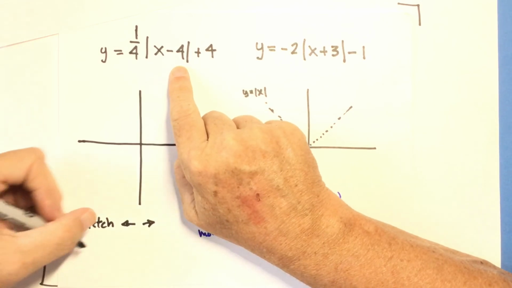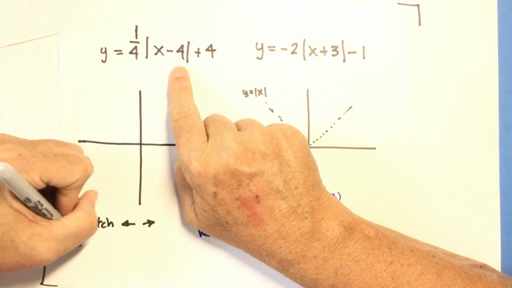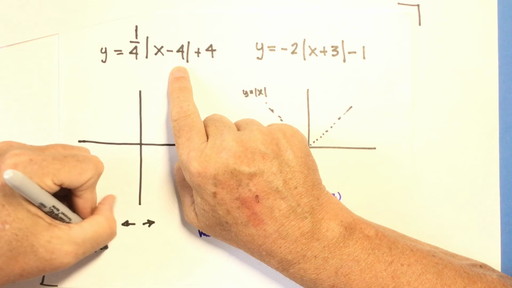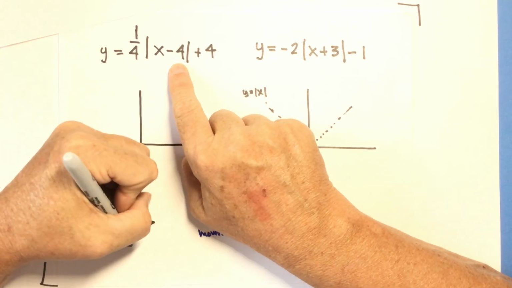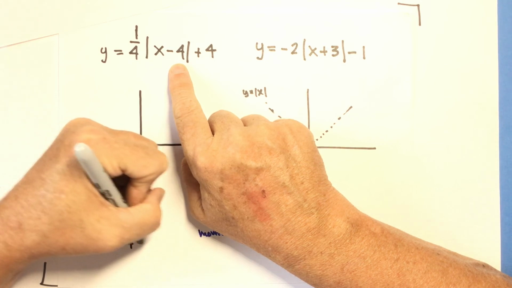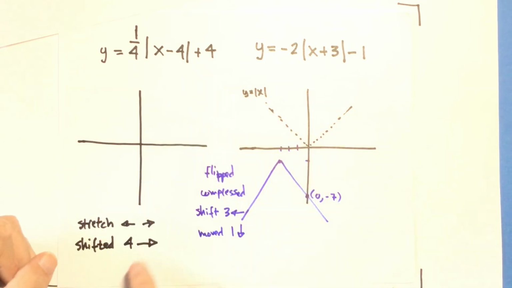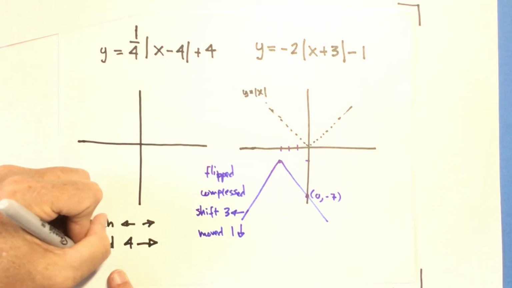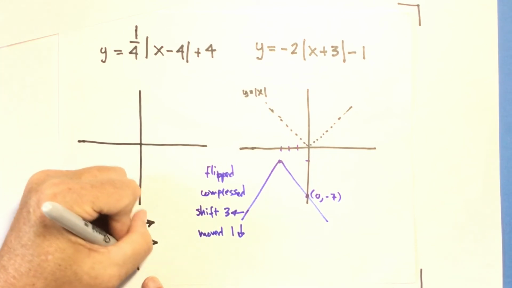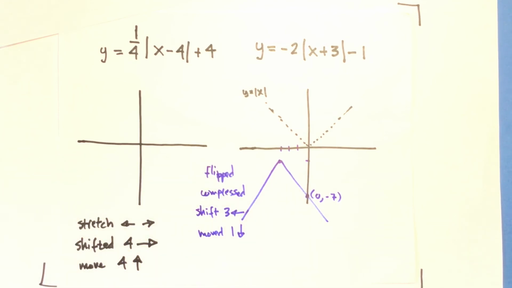This minus 4 in here is going to cause it to be shifted. Since that's minus, it's going to shift in the positive direction. So it's going to go 4 to the right. And the plus 4 out here is going to cause it to move 4 in the upward direction.